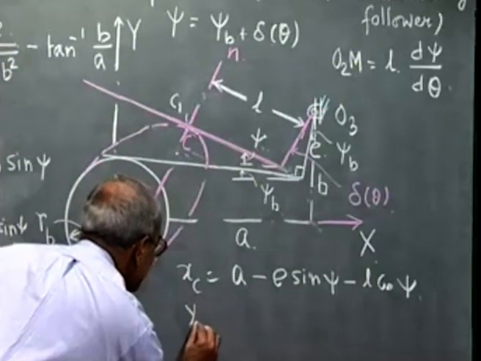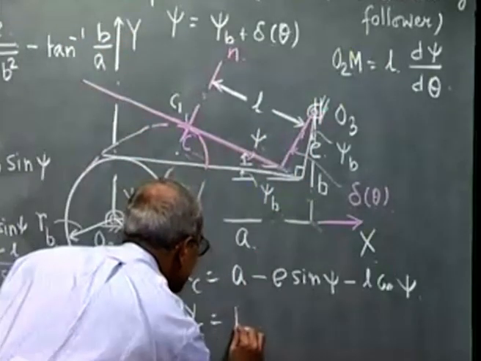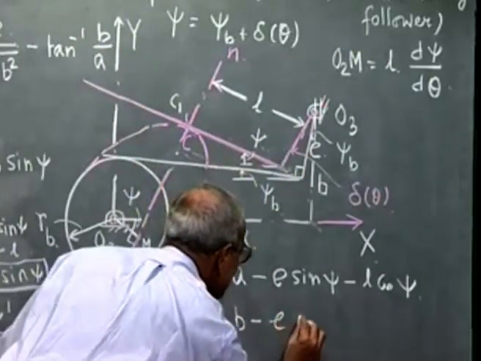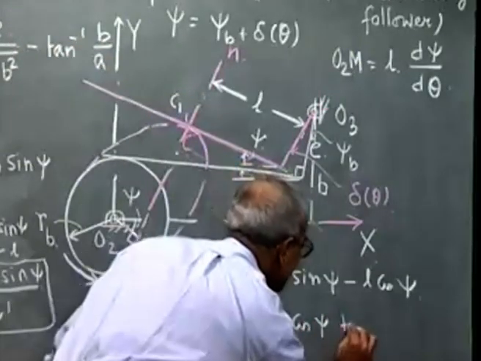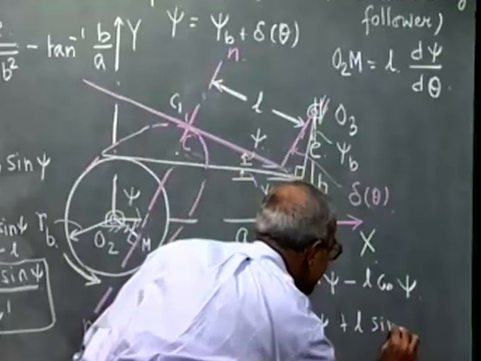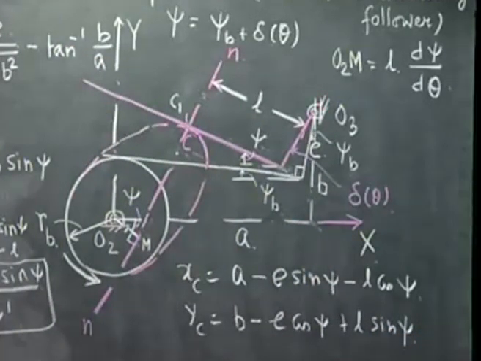Similarly, we can write yc is B minus E cos psi plus L sin psi, out of which L I get from this expression.